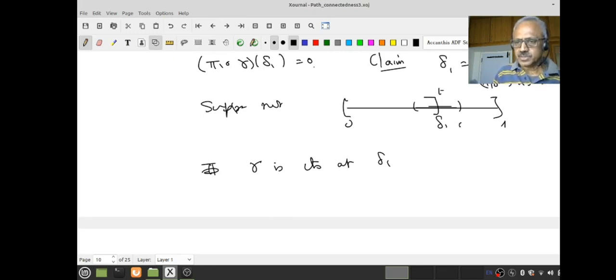Therefore if this is called δ₂, then again by continuity π₁ composite γ of δ₂ is 0, but δ₂ is strictly greater than δ₁, which is supposed to be the LUB of that set, a contradiction.